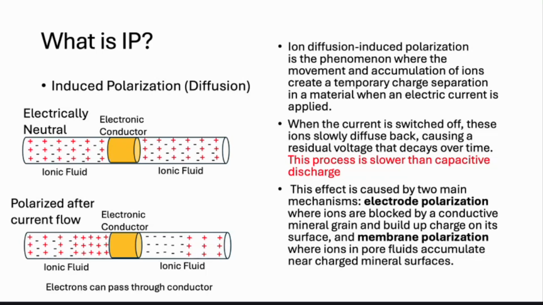One is electrode polarization, illustrated on the left, where ions are blocked by a conductive mineral grain. And the second case, which I won't be talking about much, is membrane polarization, where ions accumulate near charged mineral surfaces without the need for complete blockage.